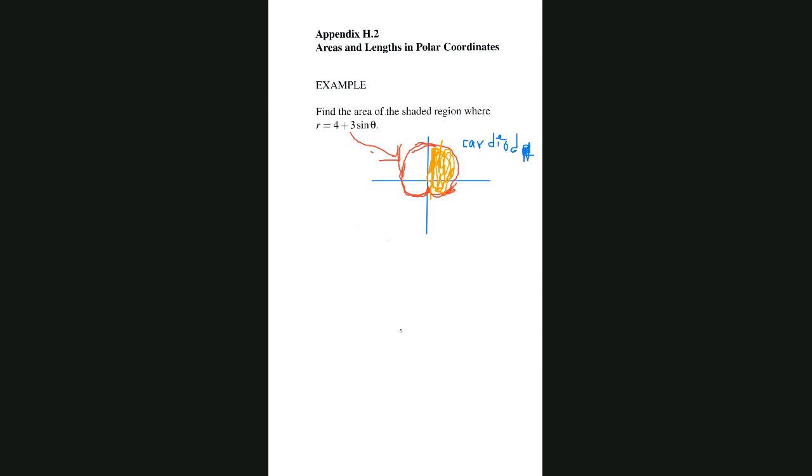Use the calculator. So I agree, Josiah. I would use the calculator, and if you want, take a moment to type in 4 plus 3 times the sine theta on your calculator. You can pick an appropriate window. You should get a graph that looks like that.